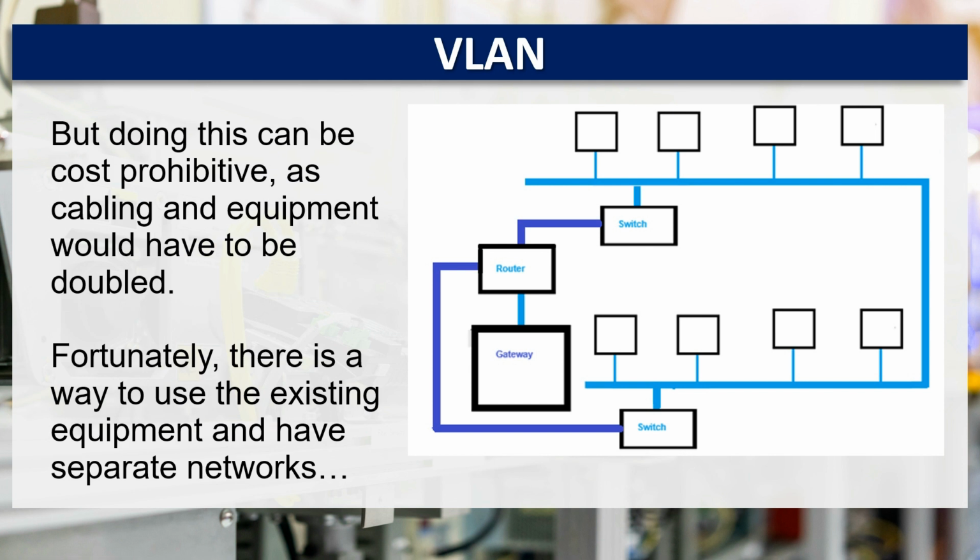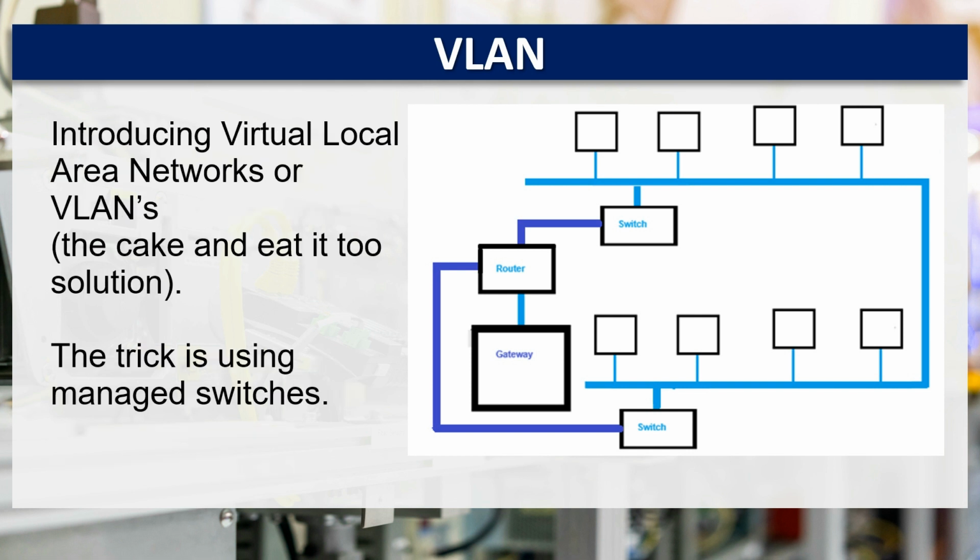Unfortunately, doing this can be cost prohibitive, as cabling and equipment would have to be doubled, and then there's all the installation and then setting up. Fortunately, there's a way to use the existing equipment and yet have separate networks. The trick is to set up virtual local area networks, or VLANs. It's the cake and eat it too solution.